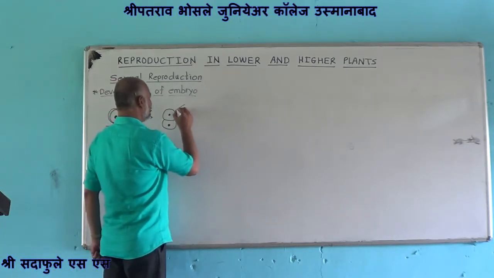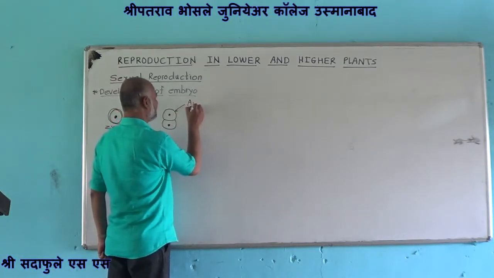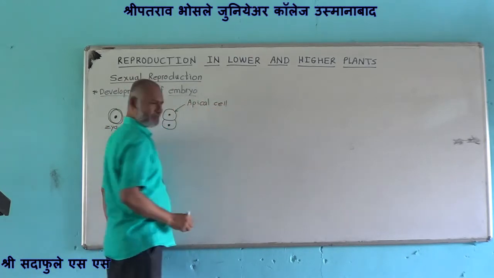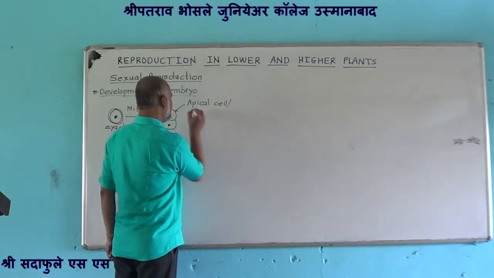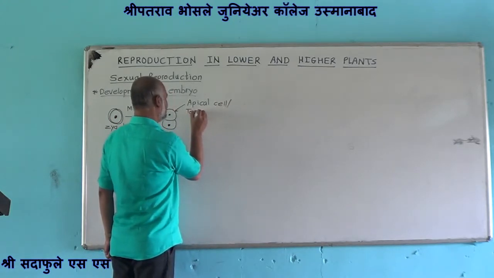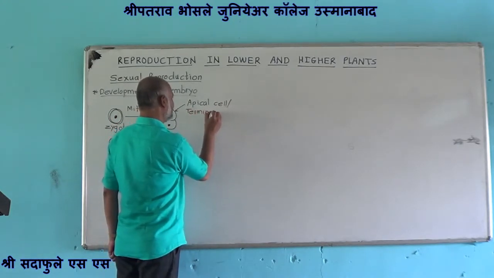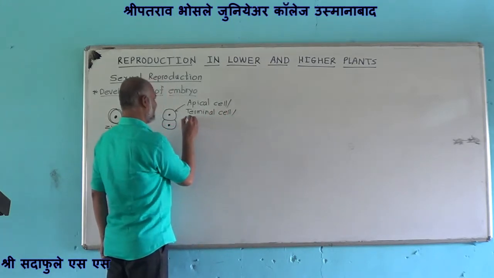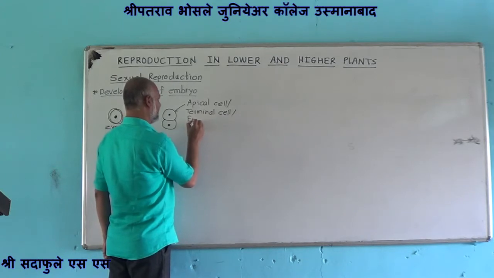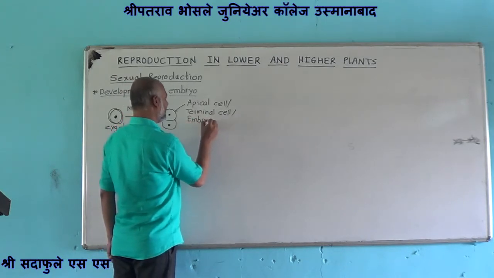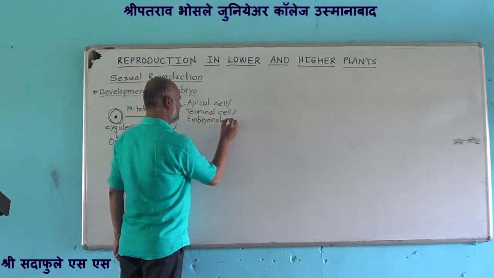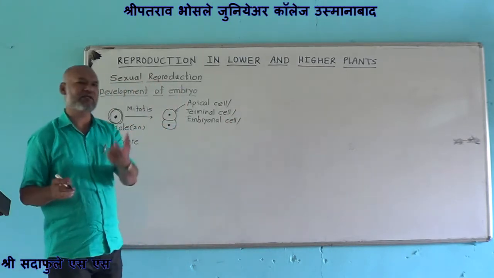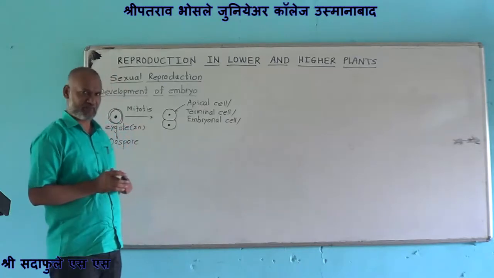So this cell is termed the apical cell, or the terminal cell, or the embryonal cell, or it is also termed the embryonal initium.